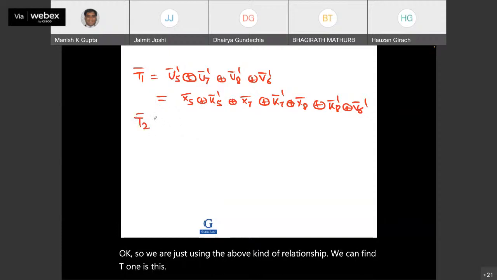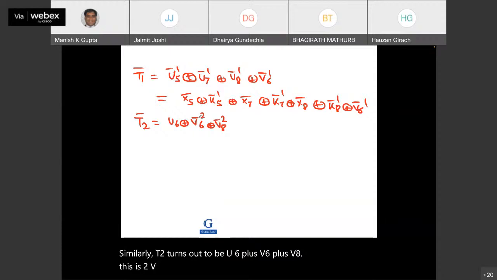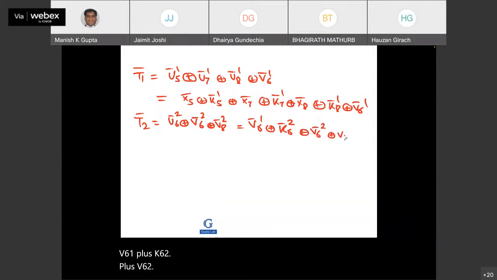Similarly, T2 turns out to be U6 plus V6 plus V8. This is equal to V61 plus V61 plus K62 plus V62 plus V82. Okay.